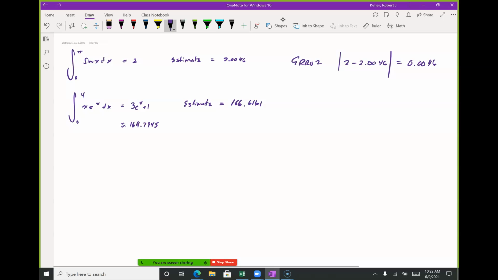Right? That's our error. And then our other error, our error in the second method was 166.6161 minus 164.7945. We don't care about if it's an error above or below. We just care what's the error. Okay.